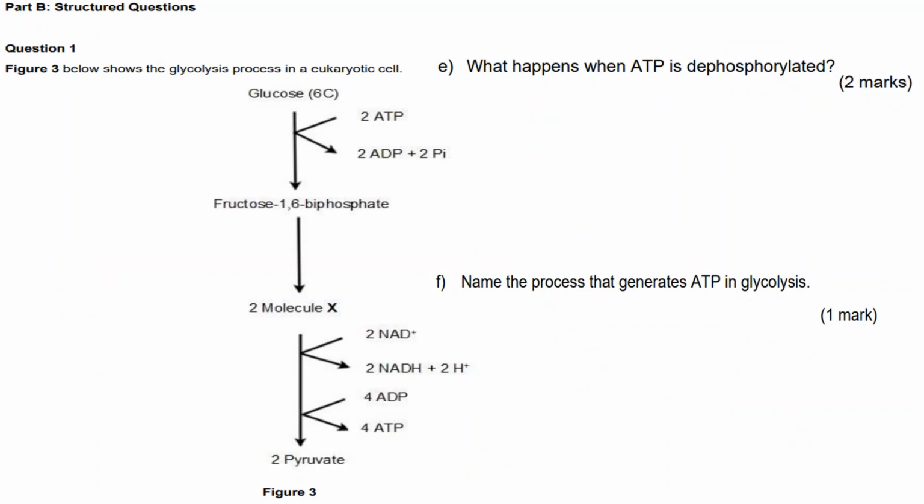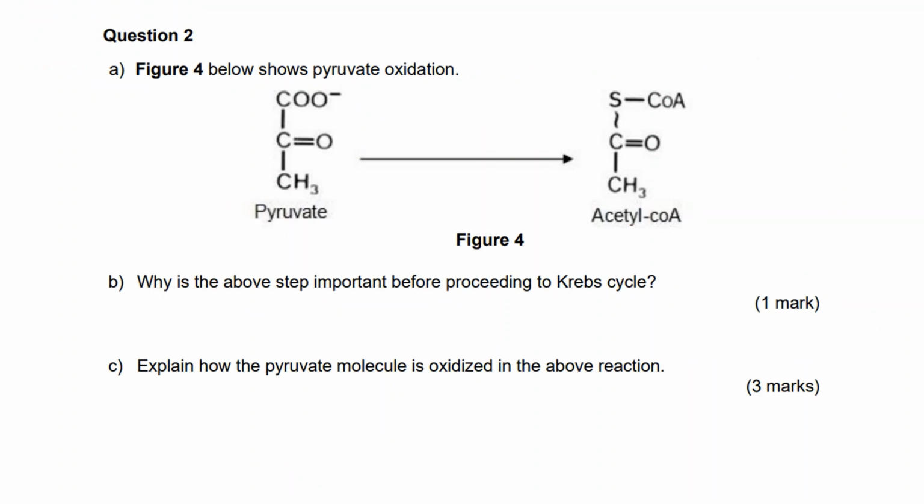So this is the same question. Figure 4 below shows pyruvate oxidation. Pyruvate oxidation is the 2nd stage of cellular respiration. In this stage, pyruvate, which is a 3-carbon sugar, is converted into acetyl-CoA, which is a 2-carbon sugar, and it occurs in the matrix of mitochondria.